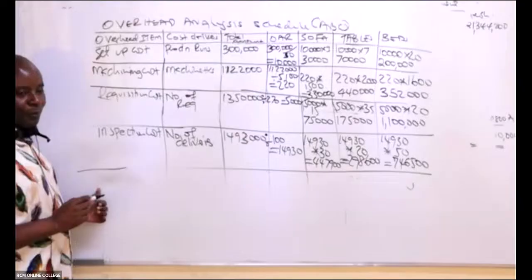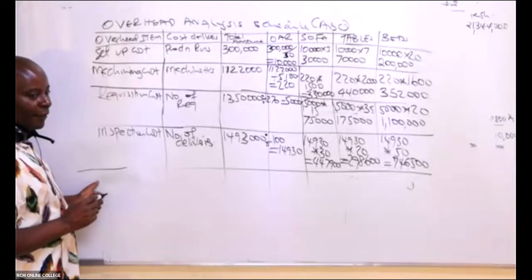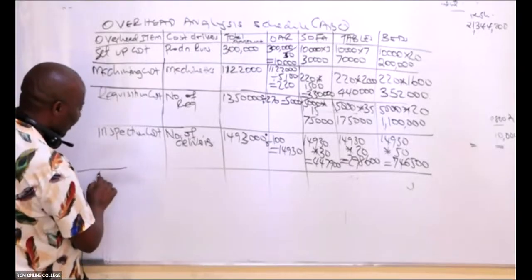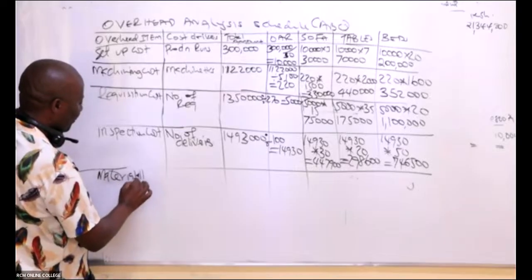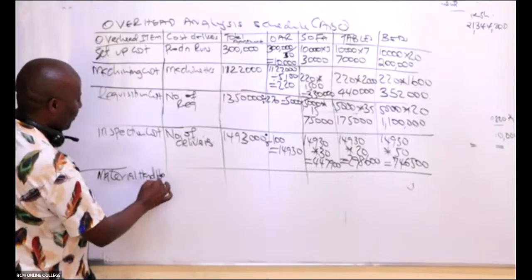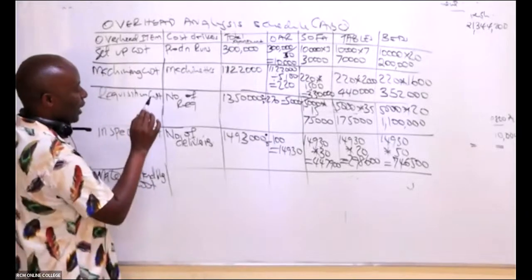What is the name of this last one? Which cost? Material handling costs. So for material handling cost, what is the cost driver name?